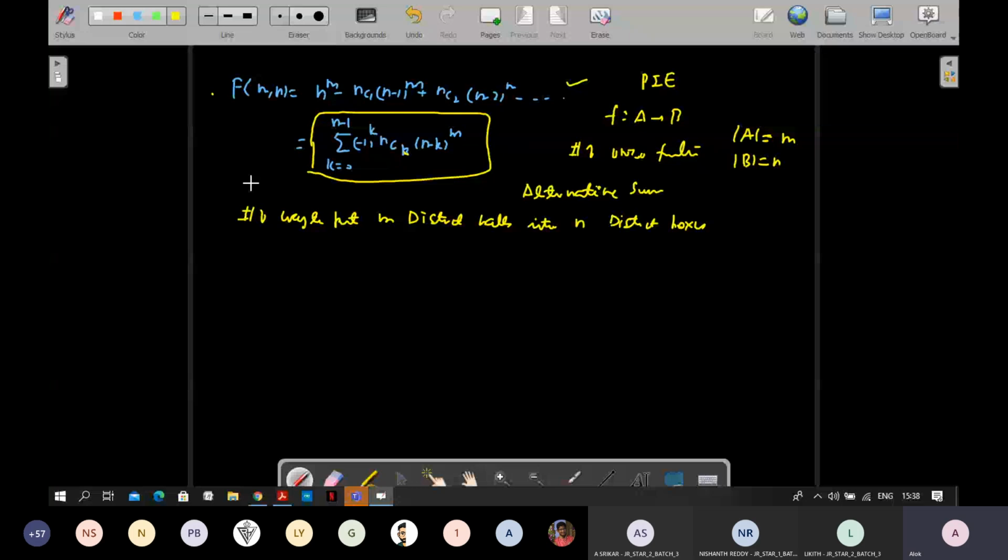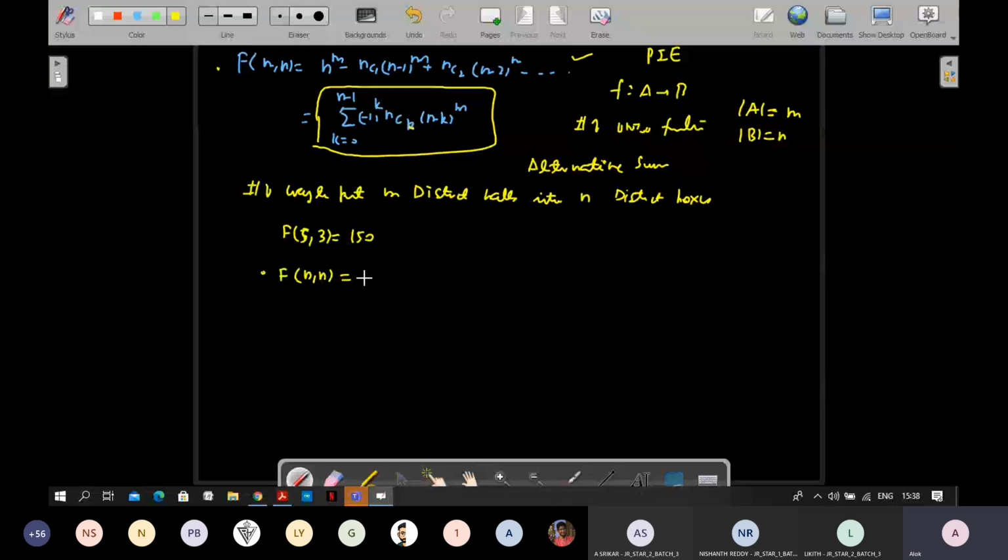Two things worth noticing. First is F(n,n). Suppose m equals n. F(n,n) is n to the power n minus n choose 1, n minus 1 to the power n, plus n choose 2, n minus 2 to the power n, and so on. That number will be n factorial. Why?